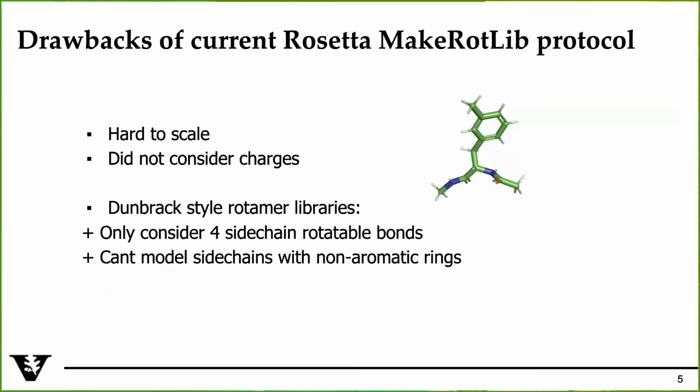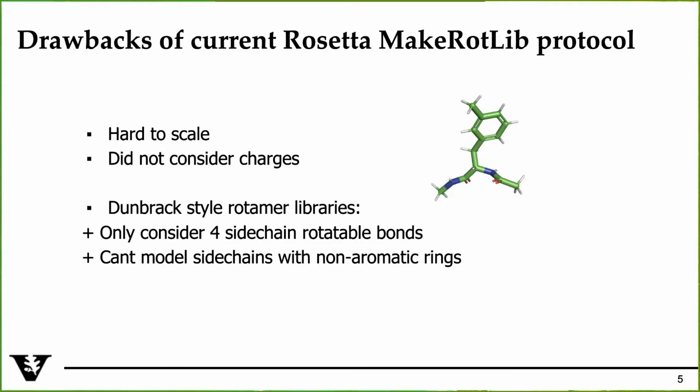However, this replication of the Dunbrack library has some drawbacks, because this style of rotamer library was designed mainly for canonical amino acids. So when you translate it to non-natural amino acids, there are certain drawbacks, such as it's hard to represent a non-natural amino acid with more than 4 side chain rotatable bonds.